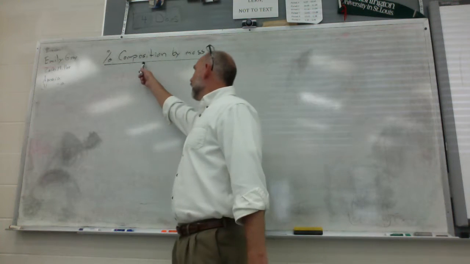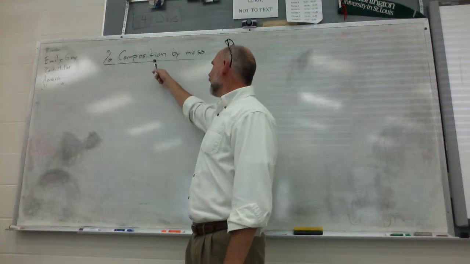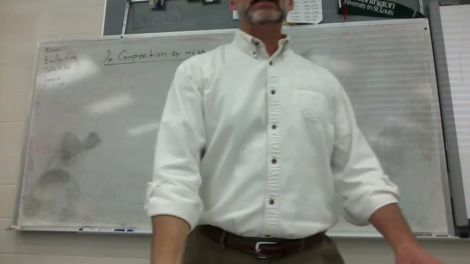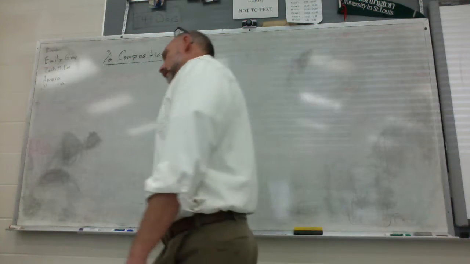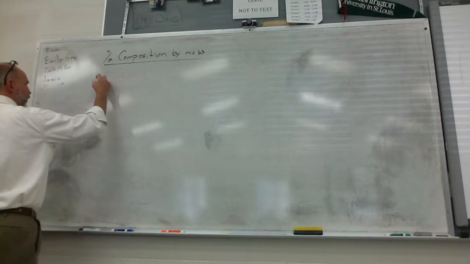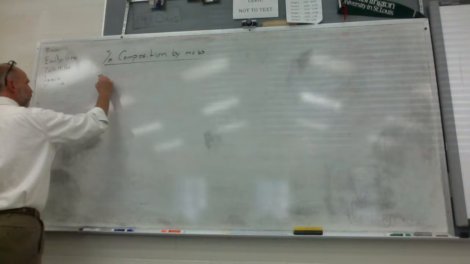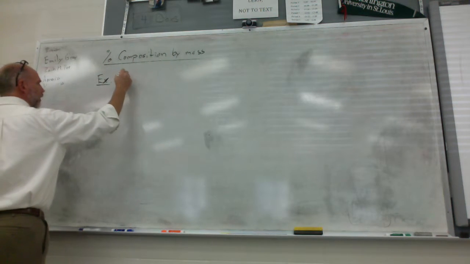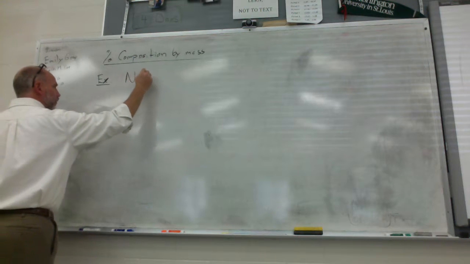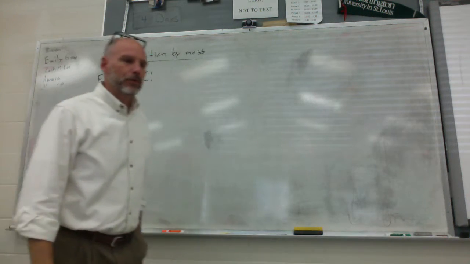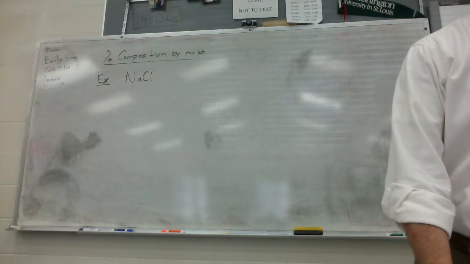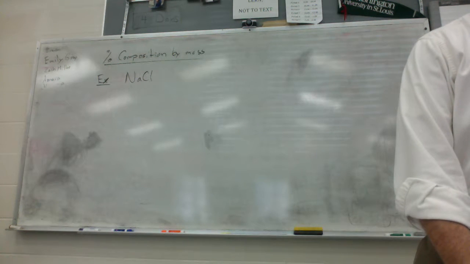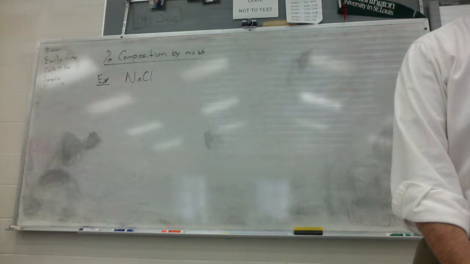We're looking for the percent composition by mass of each element in a compound. So let's do something incredibly easy. Let's look at sodium chloride, since we mentioned it earlier. If I want to find the percent by mass of each element in sodium chloride, what do I need to know?